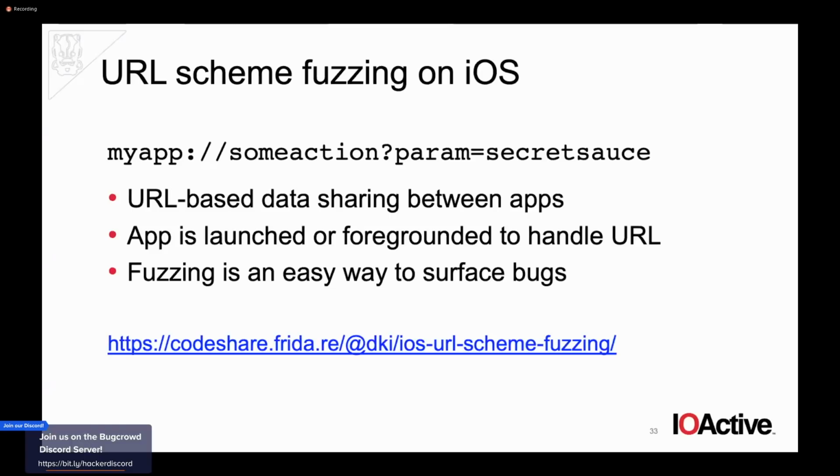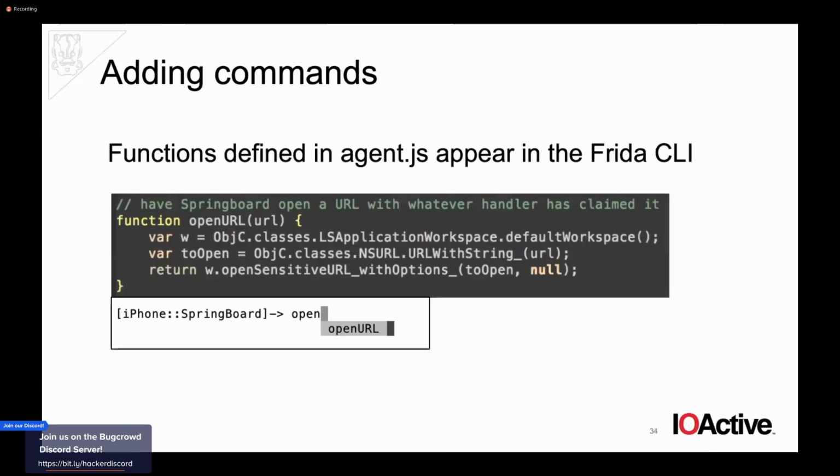So I wrote this little fuzzer to show that this is something that we can actually execute from within Frida and manage the whole process without having to have any manual interaction with the fuzzing. So this is an example from within that agent.js that I wrote of a function called openURL that I wrote.